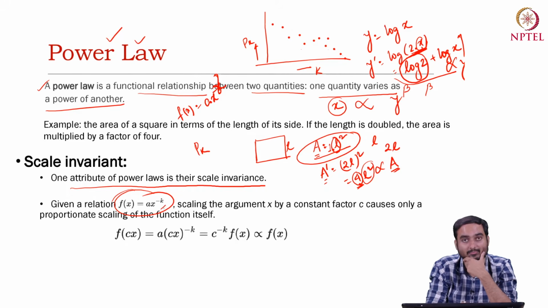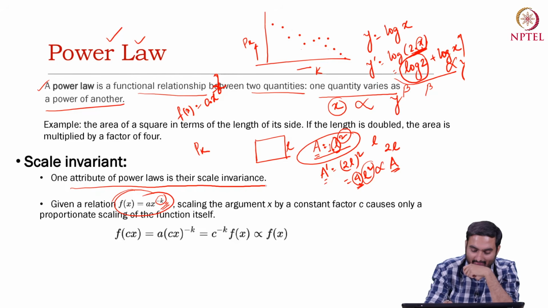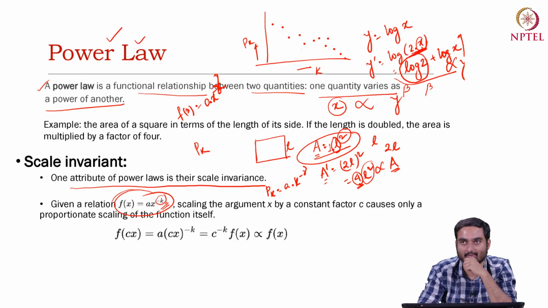You see that this is also a power law, but here the power is negative. In the earlier case, the power was positive. What it is saying is that p_k would be a times k to the power minus some constant gamma.